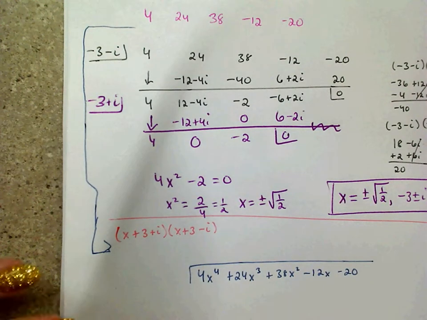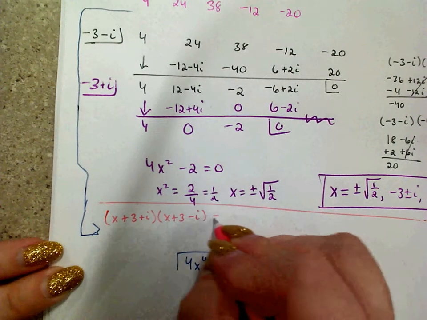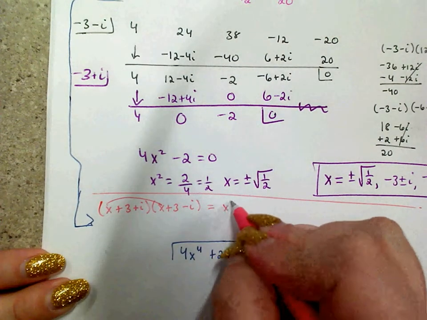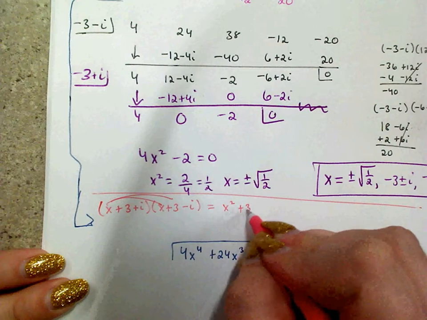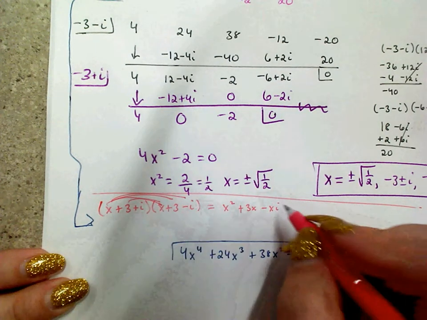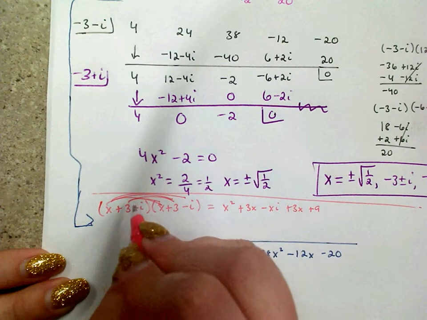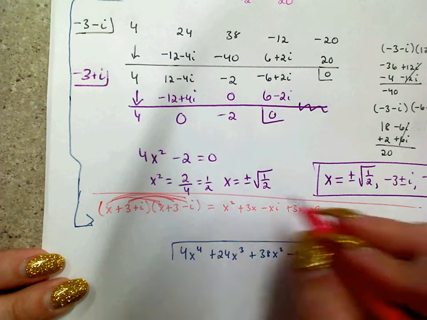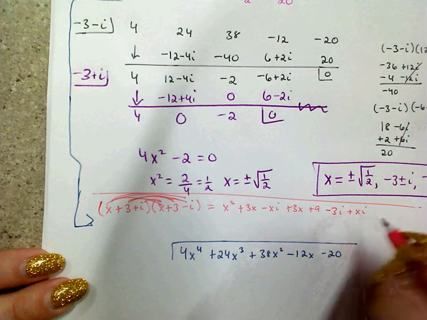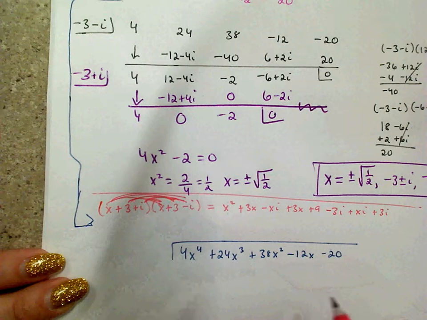I didn't really give myself space to do that, so I will just multiply it all out to the side and combine the terms. So x times x is x squared, x times 3 is 3x, x times negative i is negative xi. 3 times x is 3x, 3 times 3 is 9, 3 times negative i is negative 3i. i times x is xi, i times 3 is 3i, and i times negative i is a negative i squared, which is a positive 1.